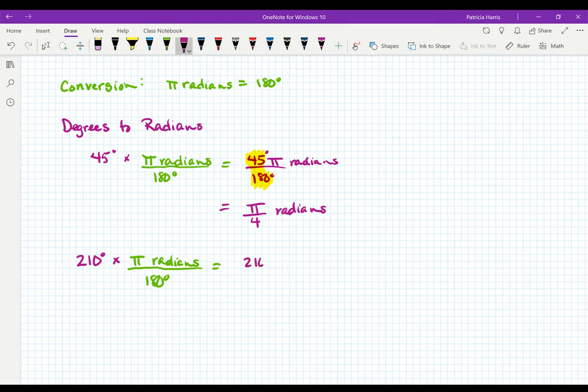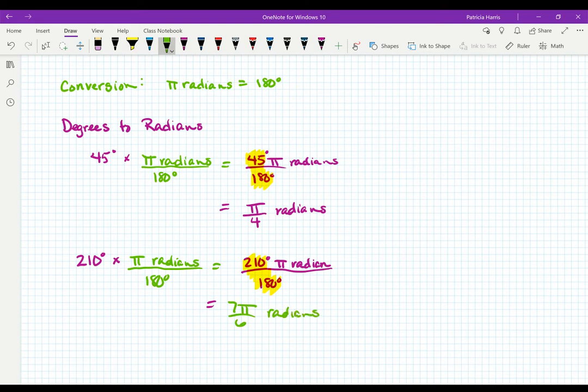It's going to be 210 degrees times pi radian over 180 degrees. You're going to reduce the 210 over 180. You can do that on your calculator if you want. In fact, let me pull mine. So this would be 7 pi over 6 radians.